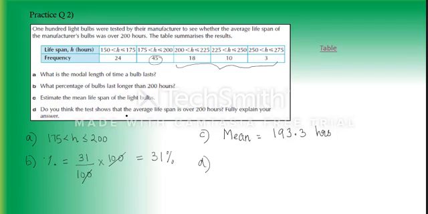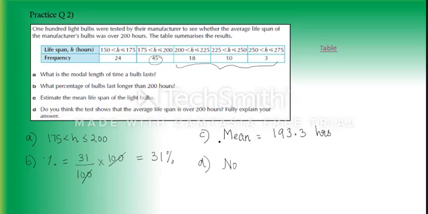Let's answer the last part of the question. Do you think the test shows that the average lifespan is over 200 hours? And we also need to explain our answer. The answer is no. The average lifespan of the bulbs is not over 200 hours. And the evidence for this actually comes from both the answer to part B and the answer to part C. In part B, 31% of the bulbs have a lifespan of over 200 hours, which means less than half of them have a lifespan which is more than 200 hours.